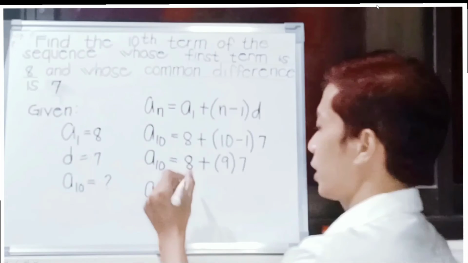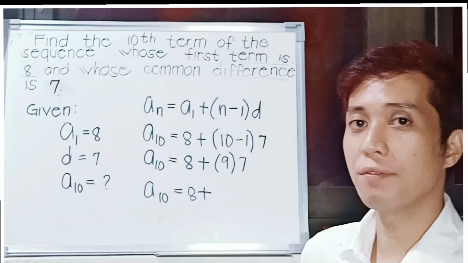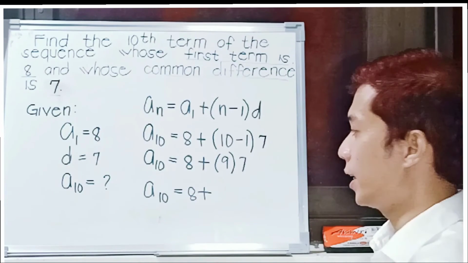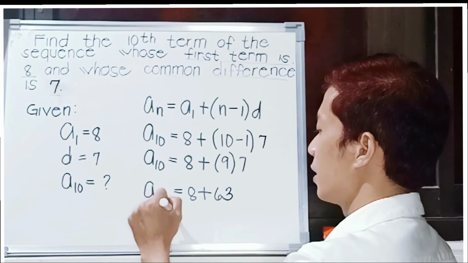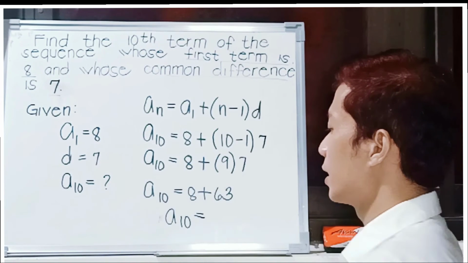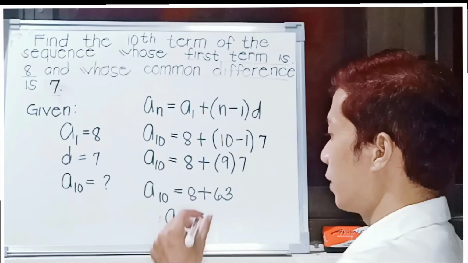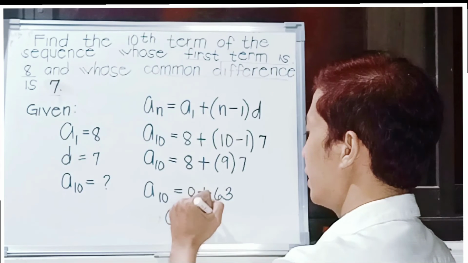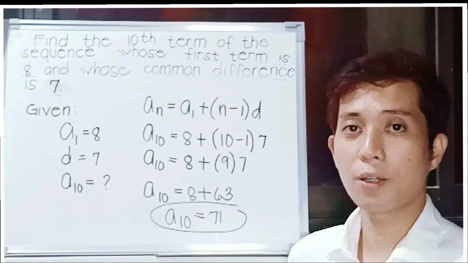So copy 8 plus, what is 9 times 7? 9 times 7, that is equal to 63. A sub 10 equals 8 plus 63, correct? That is equal to 71. Therefore, the 10th term of our sequence is 71.